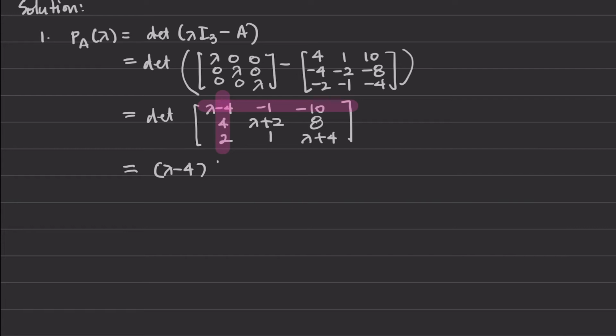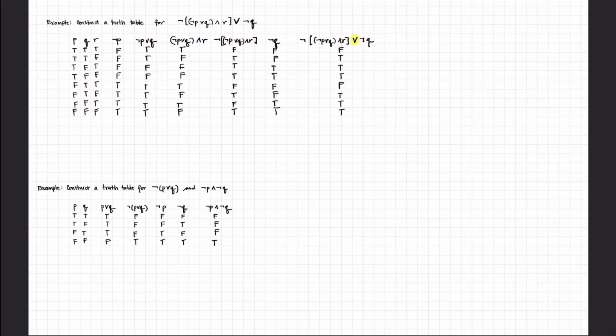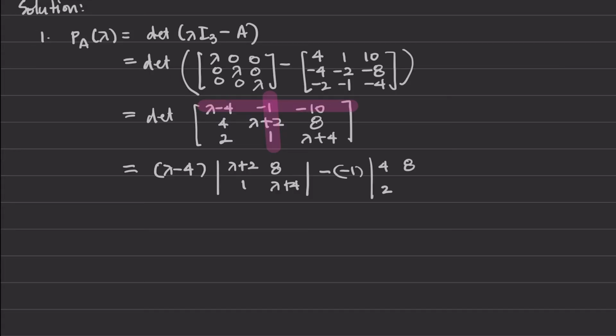So, lambda minus 4 times the determinant of lambda plus 2, 1, 8, lambda plus 4. Tapos, iusog natin yung tatakpan, no? So, nag-alternate yun, plus, minus, plus. So, magkakaroon ka ng minus negative 1 ng 4, 8, 2, lambda plus 4.